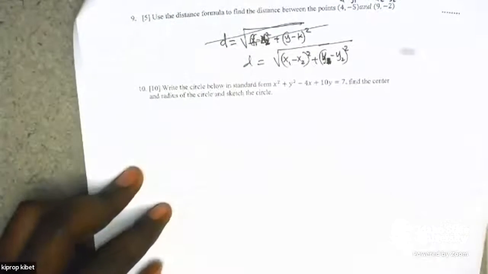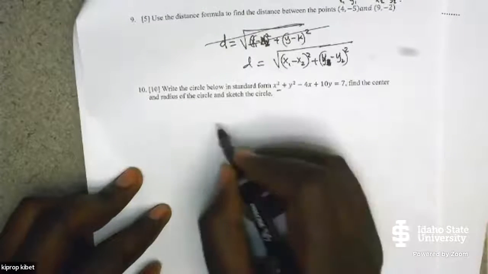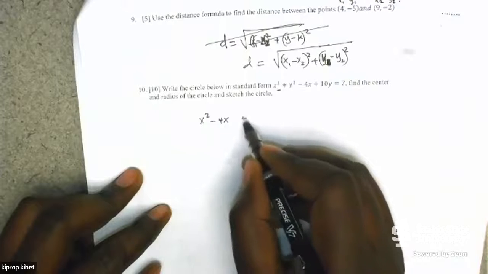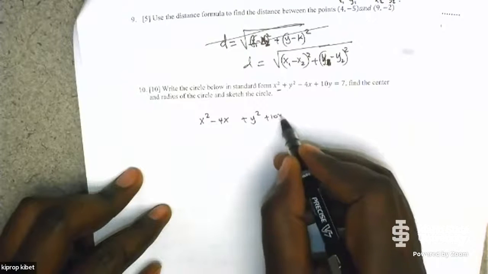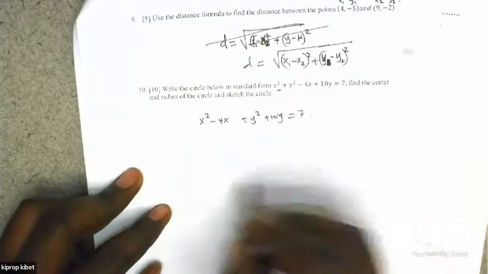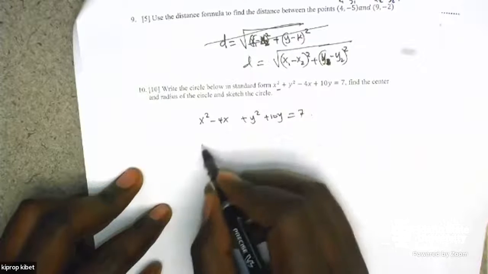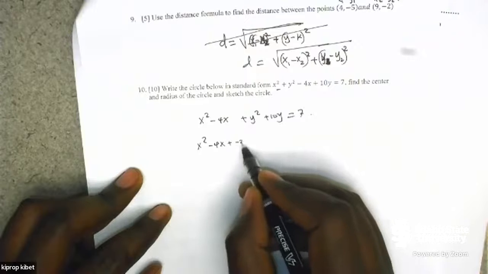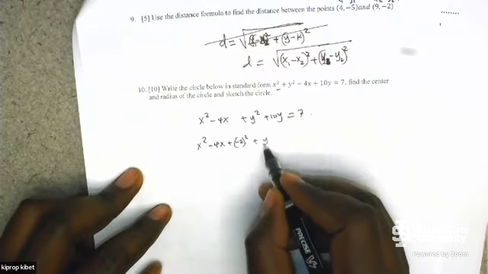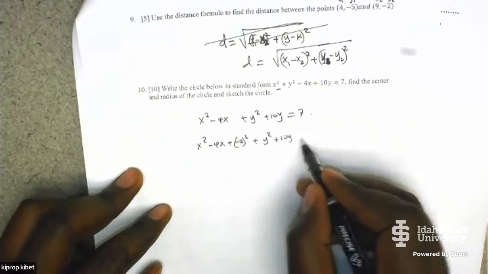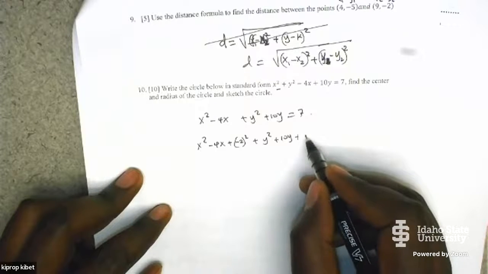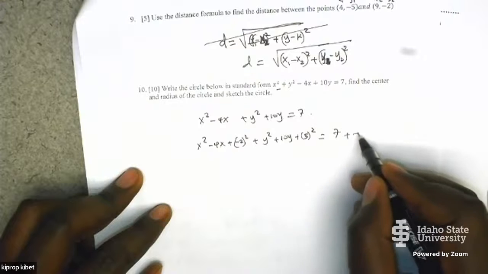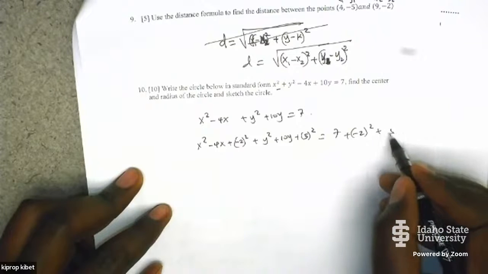You use completing the square. So x squared, you group them: x squared minus 4x plus y squared plus 10y plus 5 equals 7. Take half of this, so x squared minus 4x plus (-2) squared, plus y squared plus 10y plus 5 squared, equals 7 plus (-2) squared plus 5 squared.